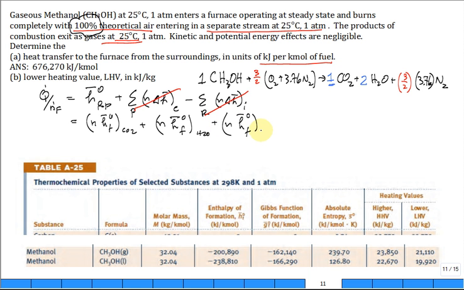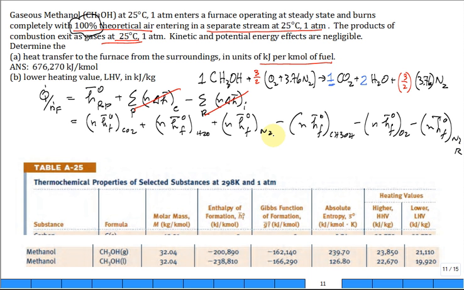This is nitrogen, minus the N H bar not F of CH3OH, minus N H bar not F of the O2, minus N H bar F naught of the N2. Remember, this N2 is the reactant, that N2 is the product.